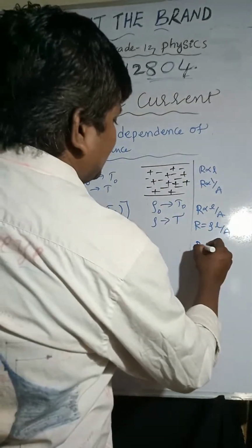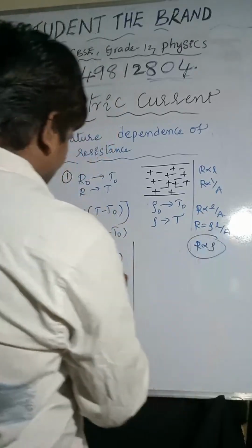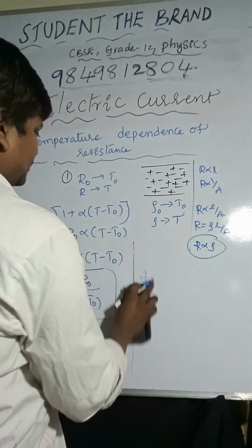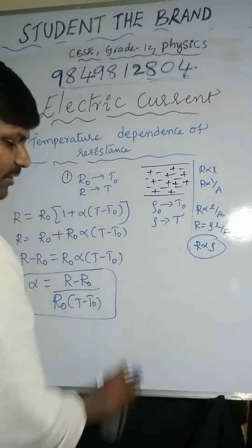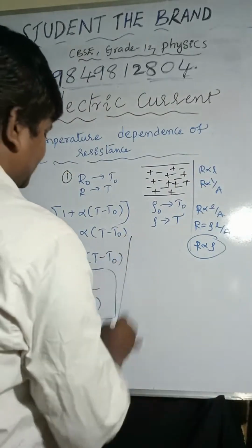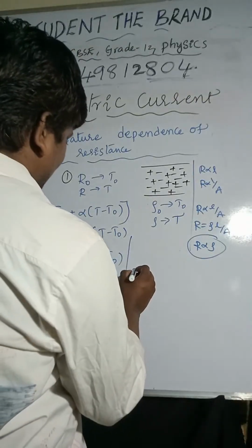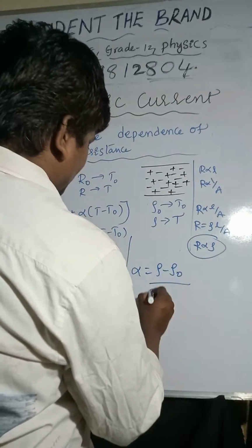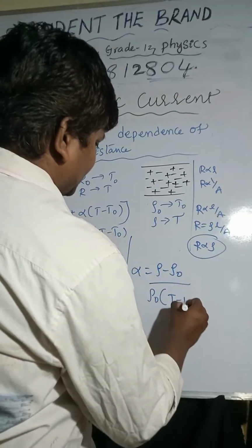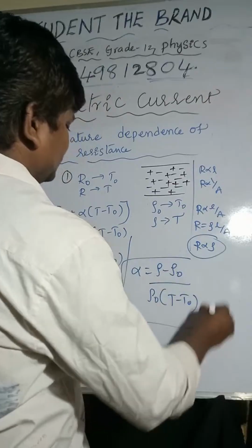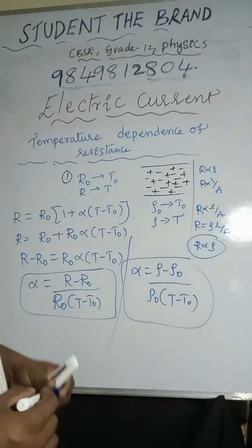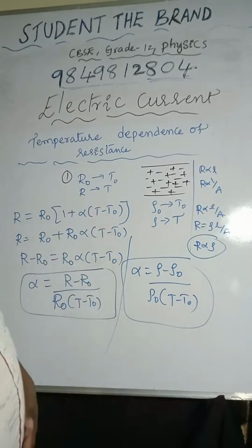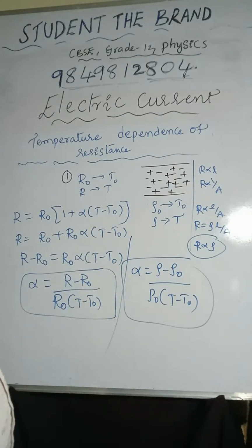Then R is directly proportional to rho, so alpha is also the temperature coefficient of resistivity. Alpha equals rho minus rho naught by rho naught into T minus T naught. I hope it is very clear. Now check once. Understood?